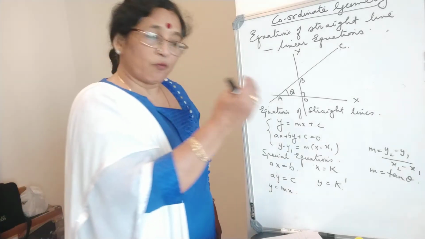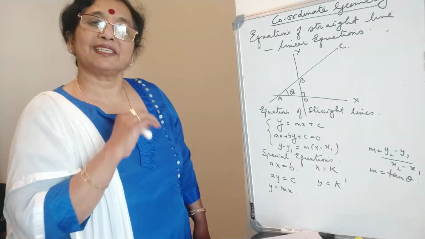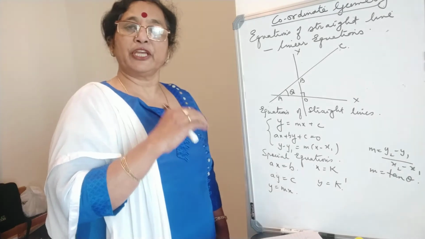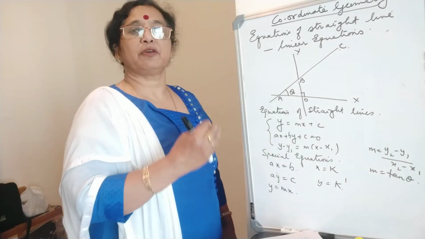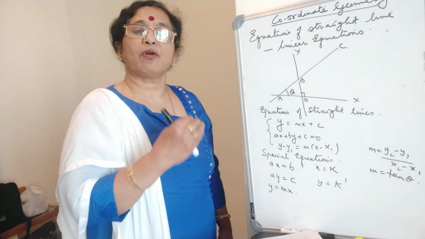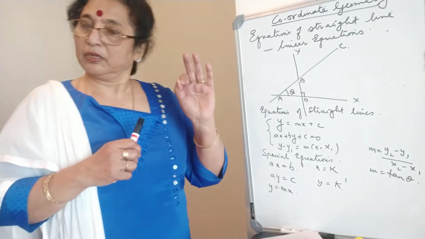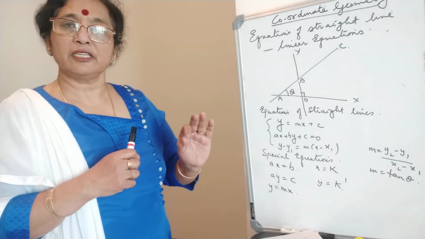The vertical means opposite to the angle, the perpendicular, and the horizontal is the base. That's why it is tangent of theta, the ratio of the perpendicular to the base. So tan theta is the slope, which is also called the gradient, right? That's what we need for the line equation, the gradient or the inclination.